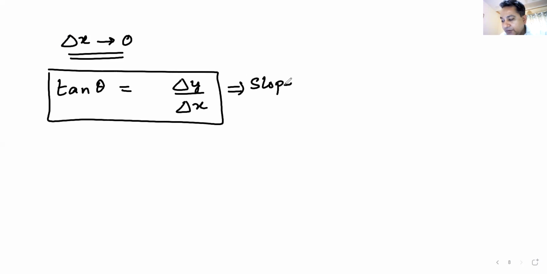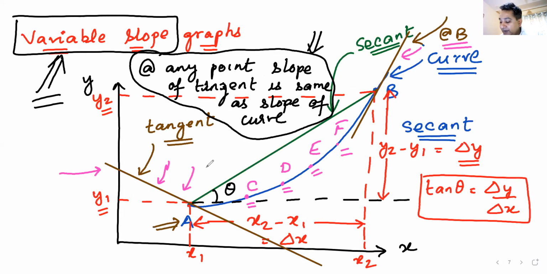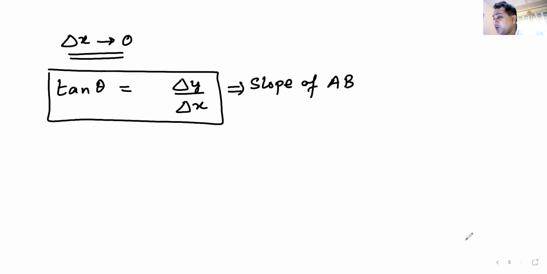This was giving me the slope of line AB. I had drawn the line AB here. Tan theta, delta y by delta x, was giving me the slope of the secant. Yes or no? The slope of line AB, which was a secant.